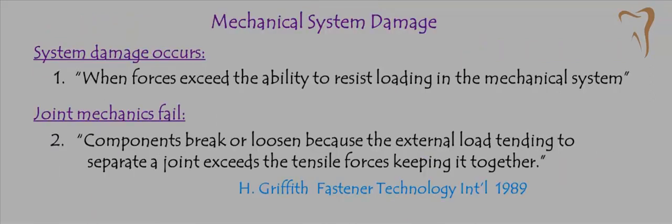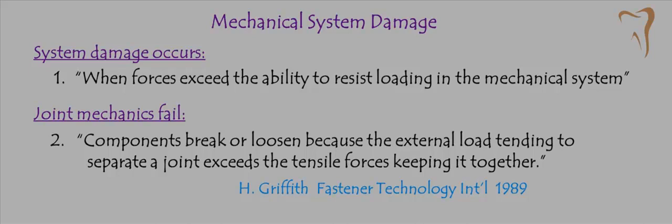Okay. So let's look at mechanical system damage, and there's a couple statements that I like to keep in mind. The first is a real simple one: when forces exceed the ability to resist loading in the mechanical system, system damage can occur. That's pretty obvious. Put a big load on it, or a repetitive load over time, and boom, you get problems in the mechanics.